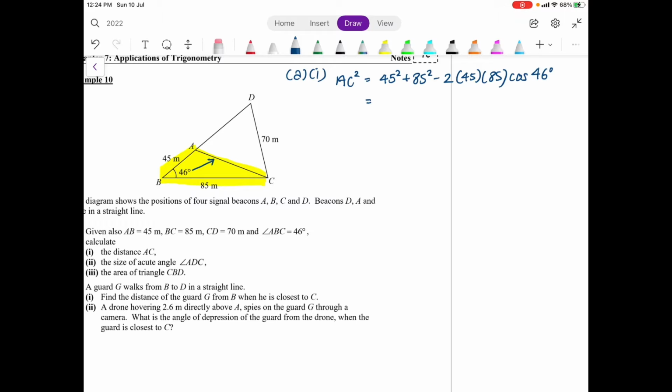Press our calculator, you should get 3935 point, let me write more. By right, 5 significant figure is more than enough. More is good, but 5 significant figure is good enough. So 3935.863.